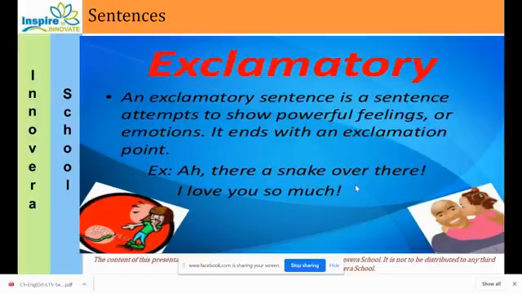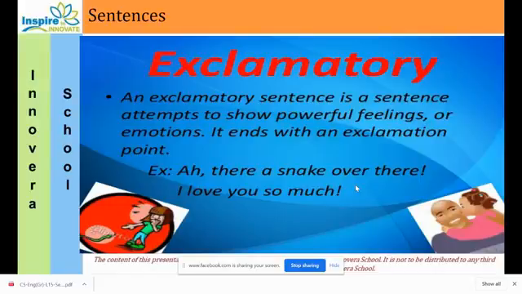It ends with an exclamation mark and starts with a capital letter, and sometimes we use a WH word, like what a wonderful day, how beautiful you are. We use such sentences to show our feeling or emotion. We use exclamatory words also, like wow, hooray, aha, when we are writing exclamatory sentences.